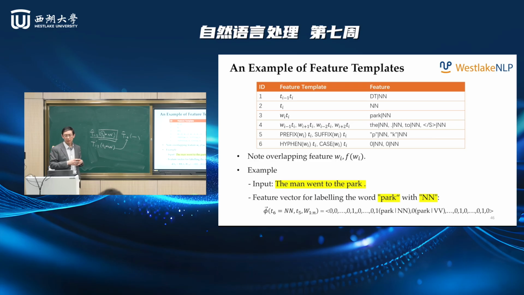But you notice one thing. Every feature template is associated with ti, okay? Is there a feature template without ti? No, because we need to represent the input and output, right? If I only represent the input, the feature template is useless. And so given a sentence and a tag and its previous tag, we can extract feature templates.